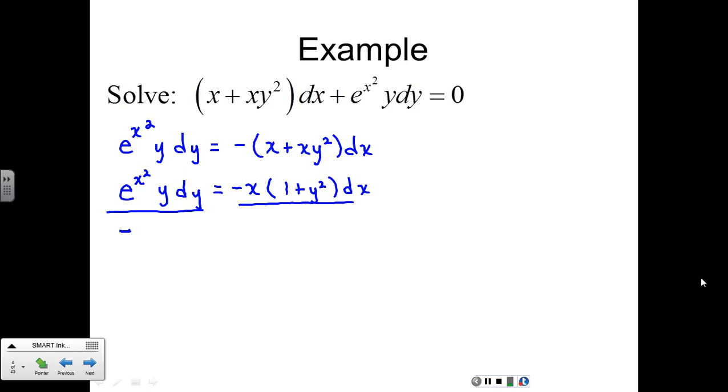On this side, we need to get rid of that e to the x squared, so I'm going to have to divide it off both sides. And on this side, we need to get rid of this 1 plus y squared, so let's do that, the whole quantity. And unfortunately, it's still really not very pretty.